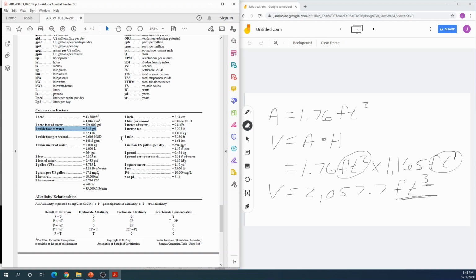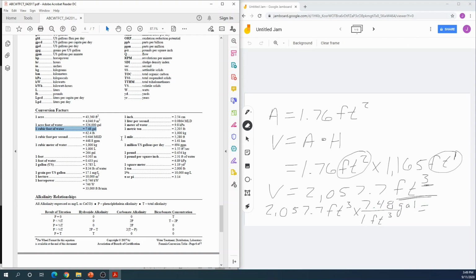So we know we have 2,057.7 cubic feet times, in 1 cubic foot, there's 7.48 gallons.